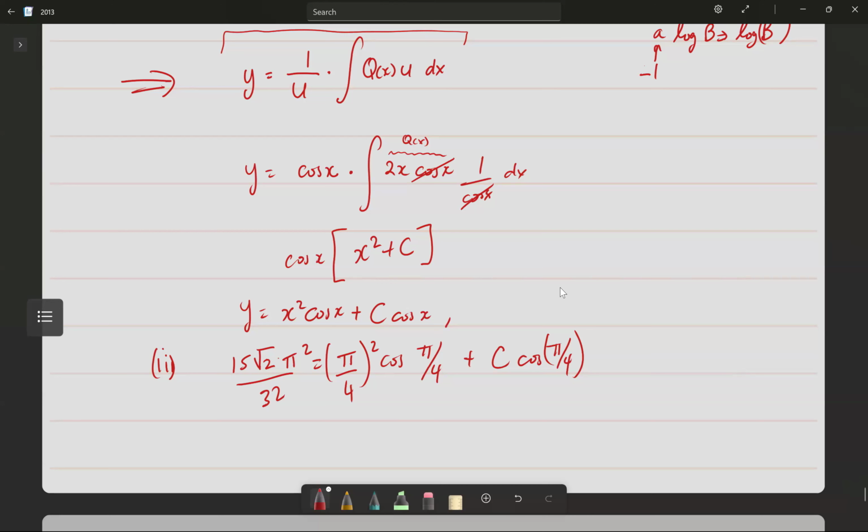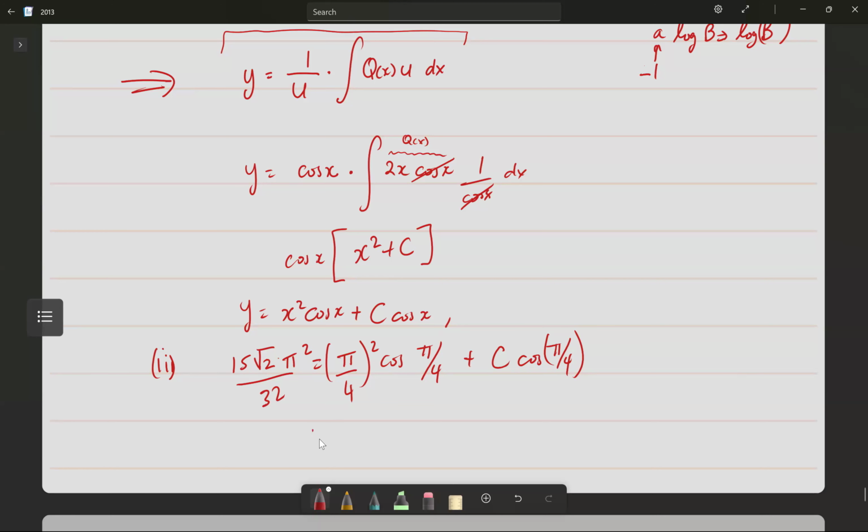Just plug in a calculator. So that's 15 square root 2 pi squared over 32 minus pi squared over 4 squared, 16 cosine pi over 4.